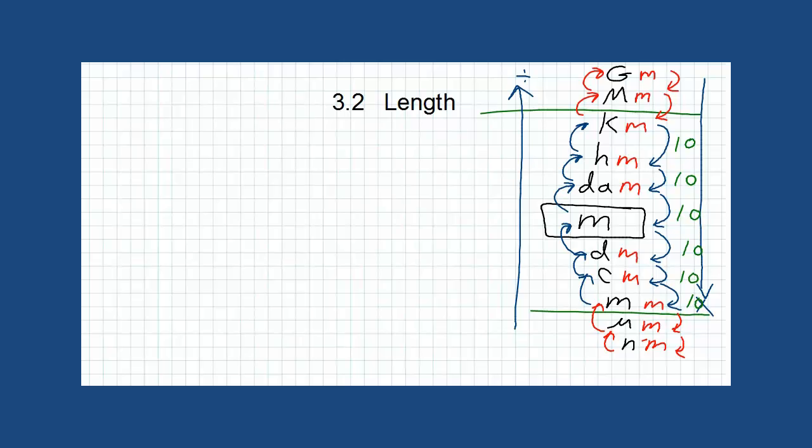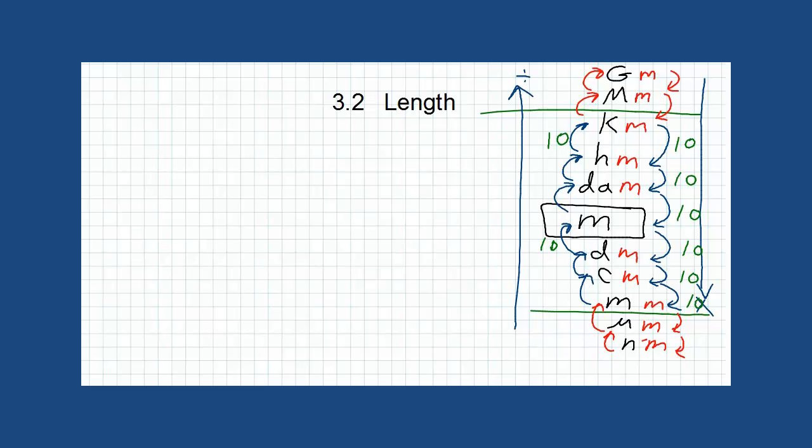The same if you are changing from small to large. For example, if you want to change from decimeter to meter, you will divide by 10. If you want to change from hectometer to kilometer, you need to divide by 10, and so on.